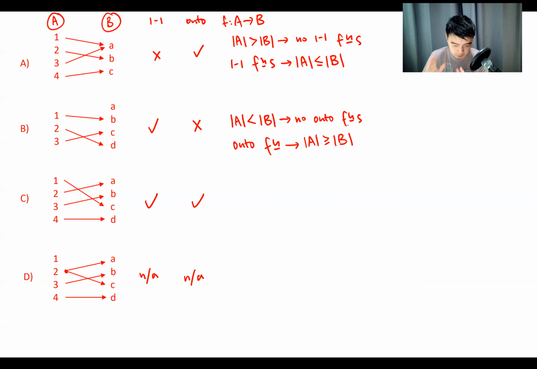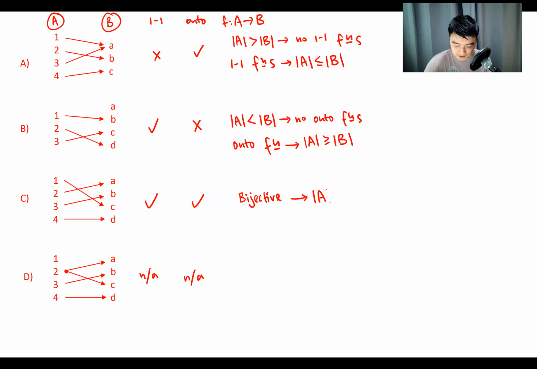All right, so I hope you were able to follow that last point. But the next point is, what if I have a bijection? What if I have a function that is one to one and onto? Anytime we have a bijective function, this means that both of the right hand sides are true.